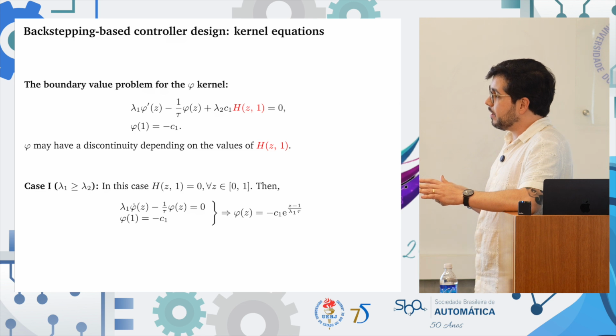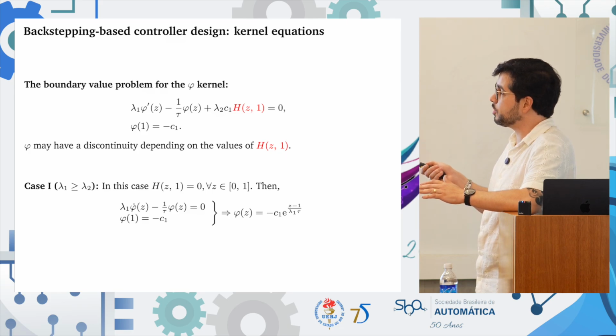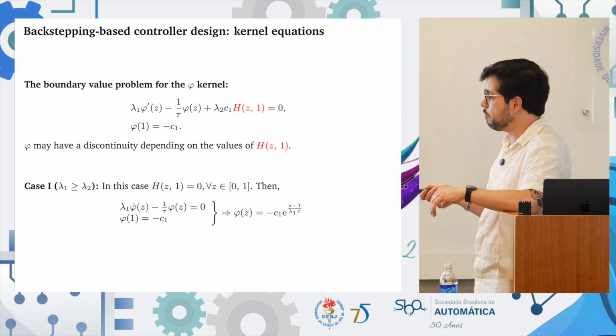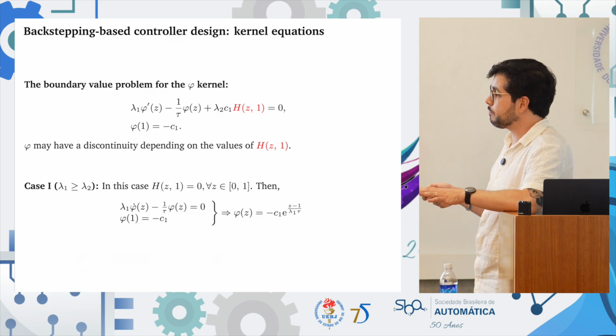If the parameter lambda 1 is bigger than or equal to lambda 2, H is equal to 0 for all values of z between 0 and 1, which means that this term vanishes. So this ODE can be rewritten to this one, which is easy to solve, and the solution is this expression. For this case, the problem is solved.